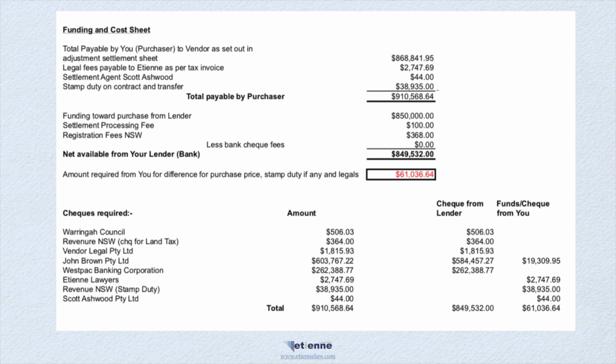Upon contacting the lender, we're advised that the net available funds for the Joneses is $849,532. It's a lesser sum because the lender is deducting a $100 processing fee and the cost of the registration fees of their new mortgage and the transfer, which will be lodged on your behalf to put the property from the names of the Smiths into your names as the Joneses.